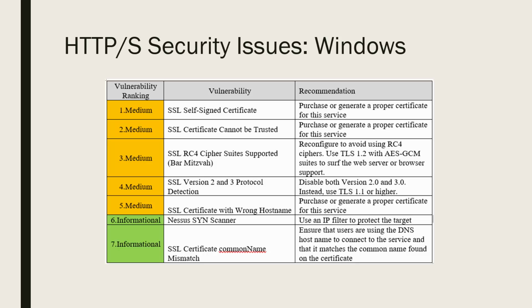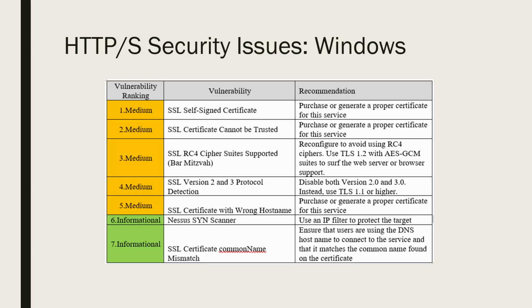This is the current SSL certificate. It is actually found for a different host for the service, specifically that it has a different common name on the service presented for a different machine. And to fix that, it's recommended to purchase or generate a proper certificate.